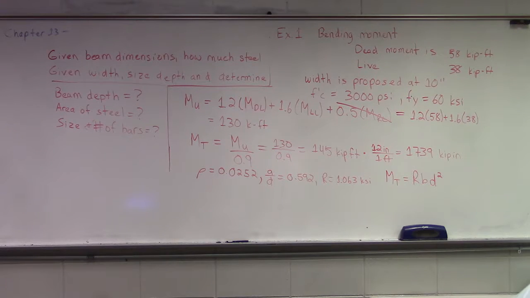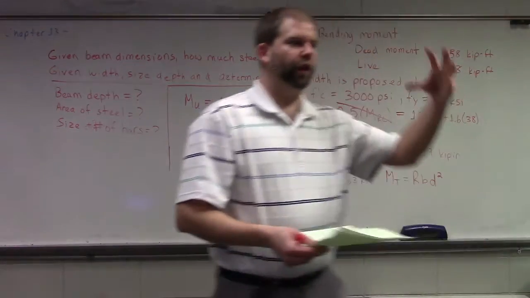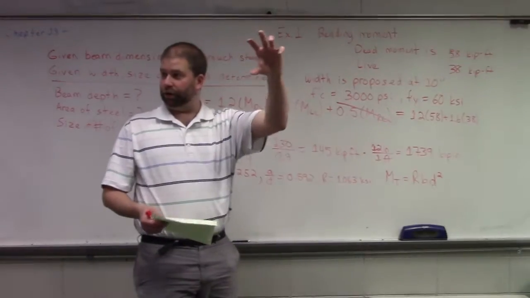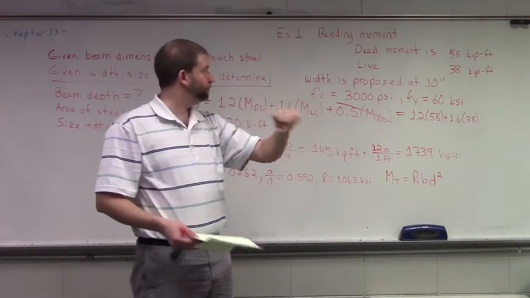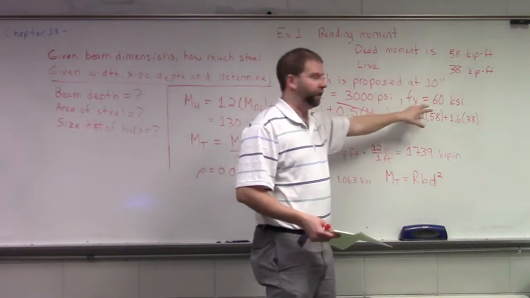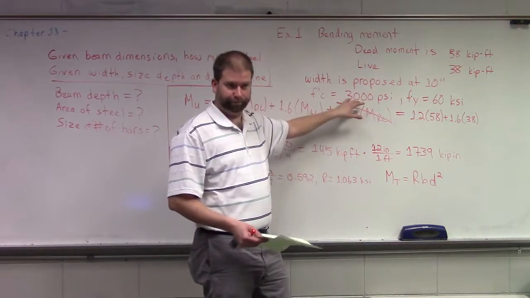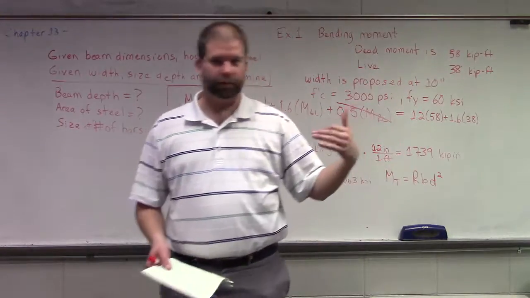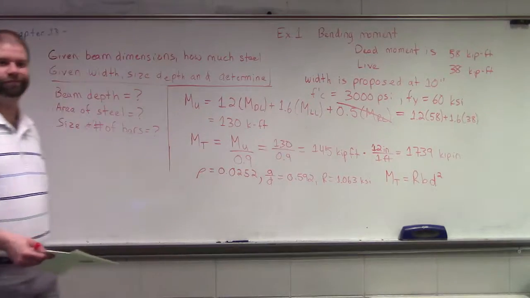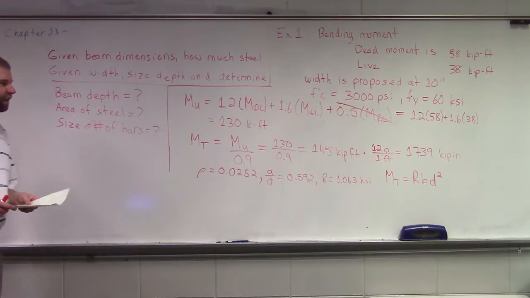Because your F prime C is in KSI, right? So your 3,000 PSI becomes 3. Does that make sense? Yeah. So your first selection is, are you working with grade 40 steel or grade 60 steel? We've got grade 60 steel, and then you convert that over to KSI. 3,000 becomes 3, 2,000 becomes 2.